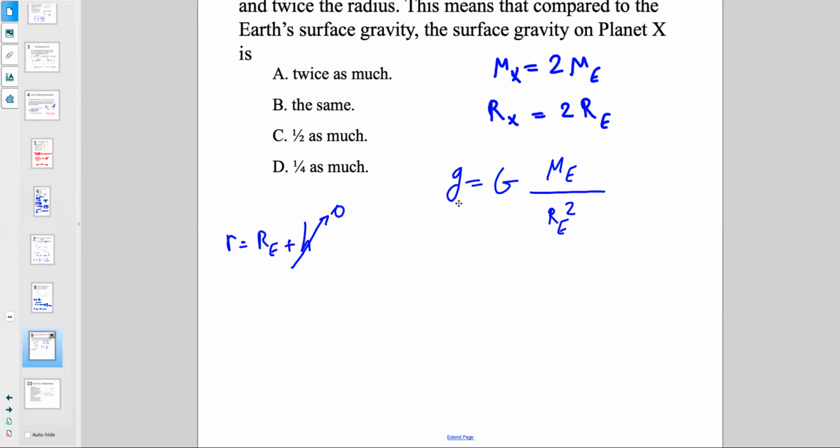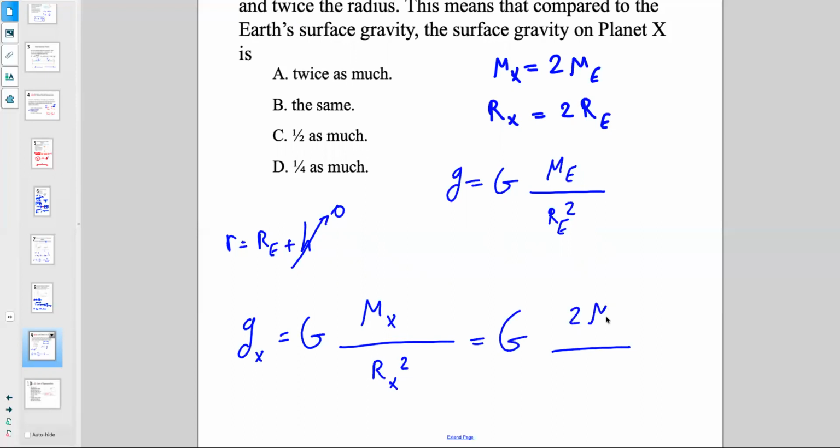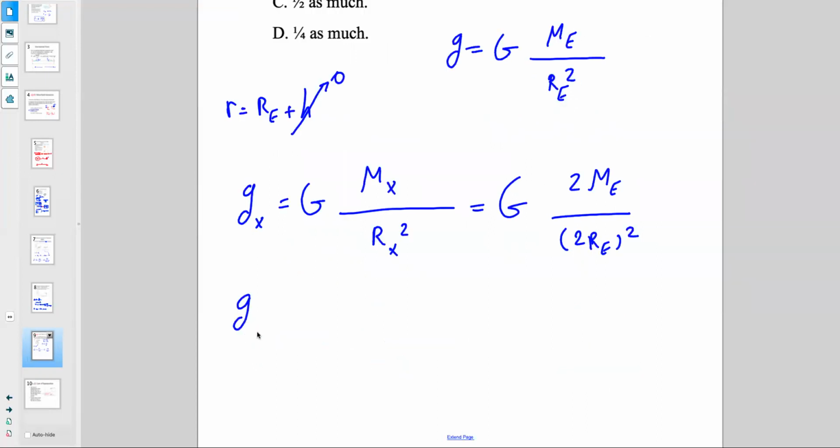So this is for Earth. Now, if you wanted to write it down for planet X, then g of X is G, the gravitational constant anywhere in the universe, times M of planet X over R of planet X squared, which means G times 2 M of E over 2 R of E squared. So g of X is G times 2 M of E over 4 R of E squared.